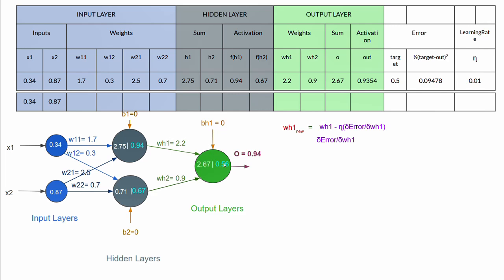So there is a chain of interdependency. It can be split using the chain rule into d error by d out, then d out by d o, then d o by d wh1. So this is something like a chain.